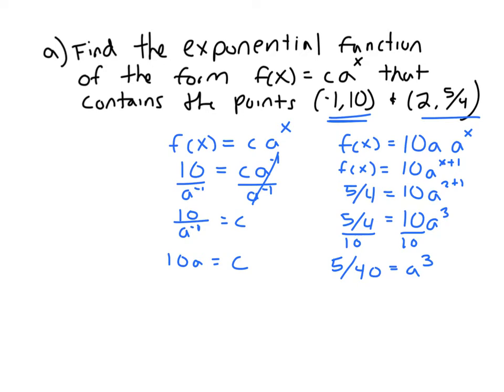Now, 5/40 is same as 1/8. Okay, and if I would take the cubed root of both sides, 1/8 equals a. And then cubed root of 1 is 1, and the cubed root of 8 is 2.